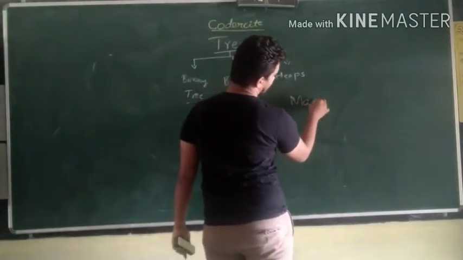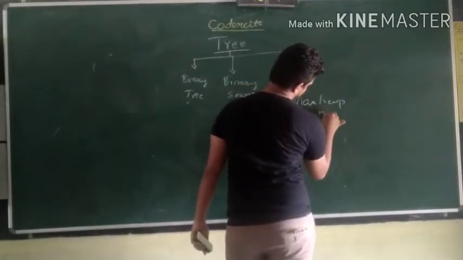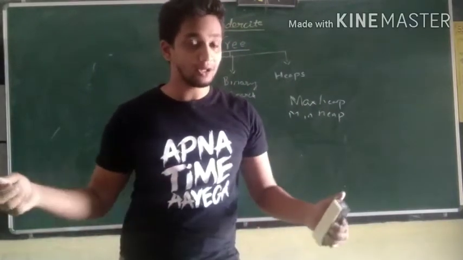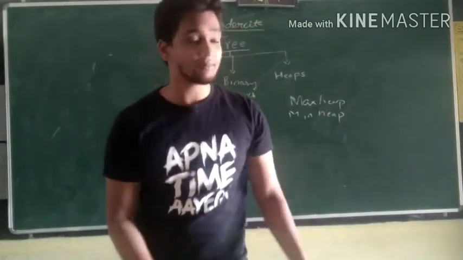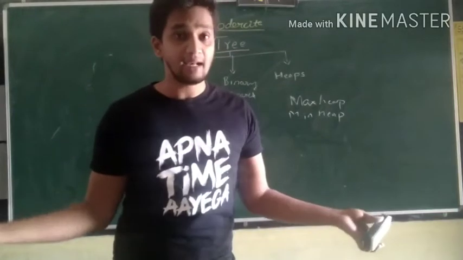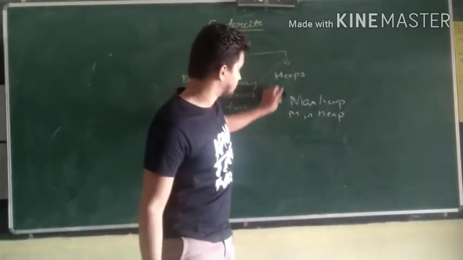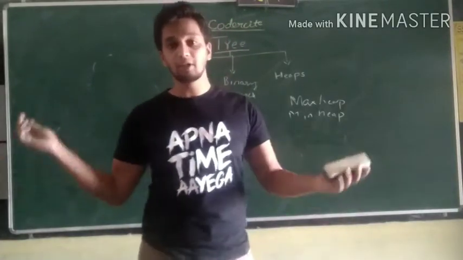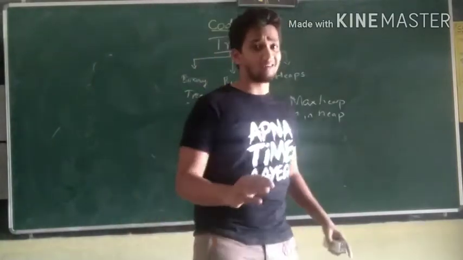Heaps have two types: one is max heap and another is min heap. You can get the maximum element in that array in O of one time by accessing the root node, and you can get the minimum element in O of one time using the root node. If you want a maximum, use max heap. If you want a minimum, use min heap.